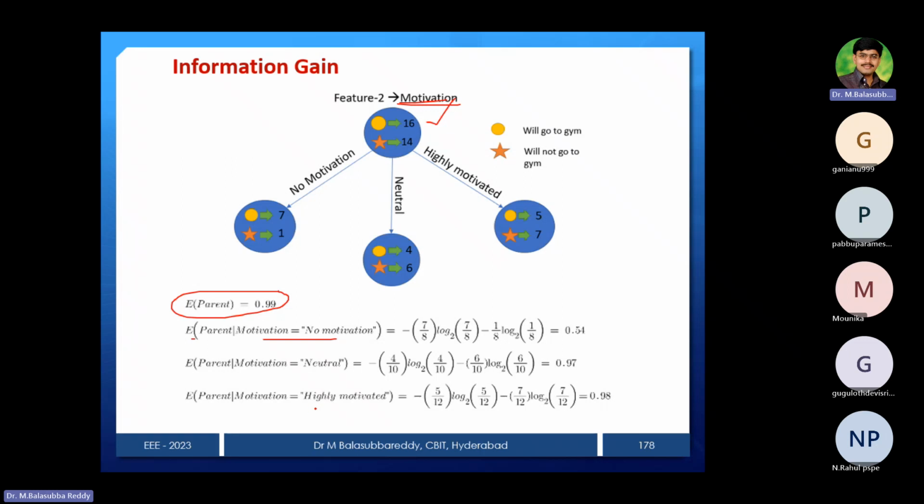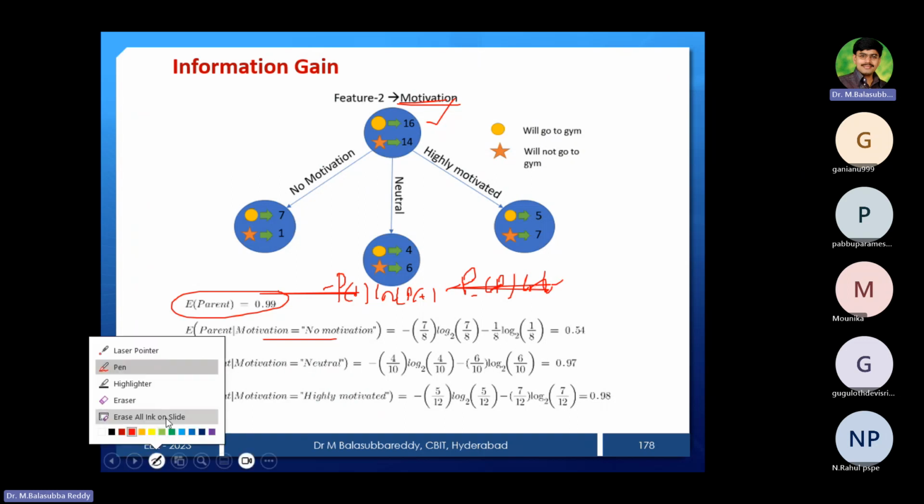The formula is the same: minus the probability of the positive class times log base 2 of the probability of the positive class, minus the probability of the negative class times log base 2 of the negative class. It is very simple.